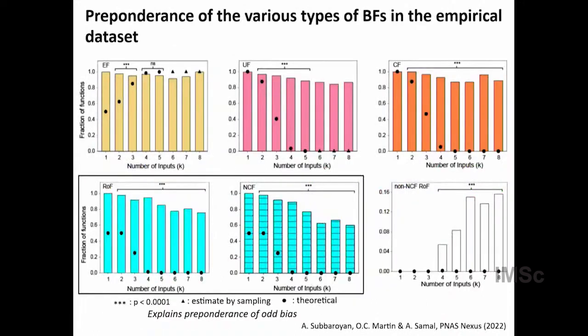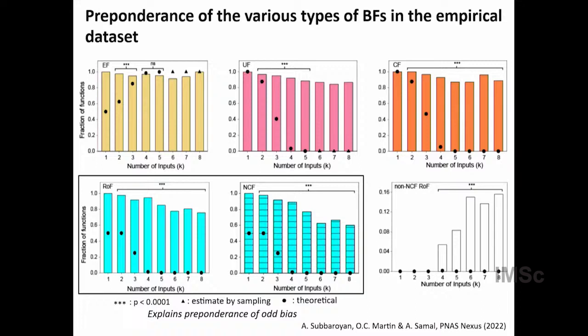Then we look at how each of these different classes which I mentioned to you, that is the effective, unate, canalizing, ROFs, NCFs, and non-NCF ROFs, how are these enriched in the real data set? And we find that indeed the ROFs and NCFs are highly enriched.